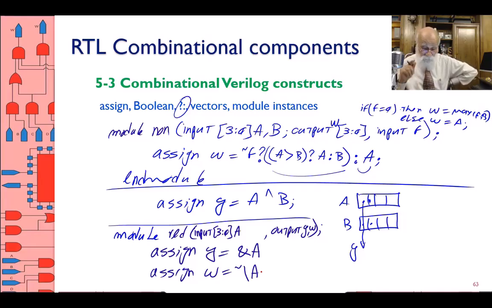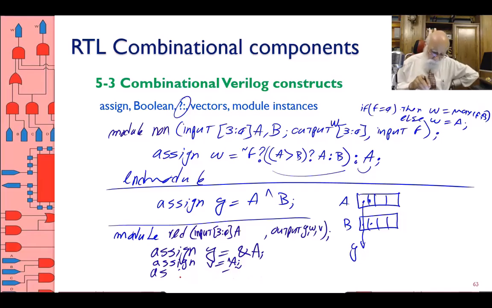Remember the parity circuit. I could say the third output. Let's give it another output: Y, W, V, for example. I can say assign V is XOR reduction of A, meaning that all bits of A are XORed together.